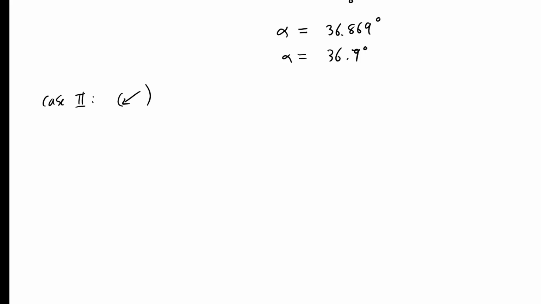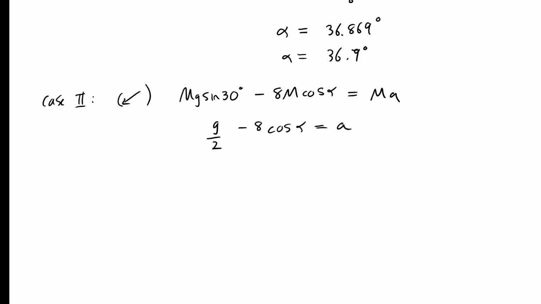So with that, mg sine 30 degrees acts down, and 8m cos alpha must be acting up, so it's negative in this case. And then that's equal to ma. Again, the m's go, and sine 30 is 1/2. So we have g over 2 minus 8 cos alpha is equal to acceleration.